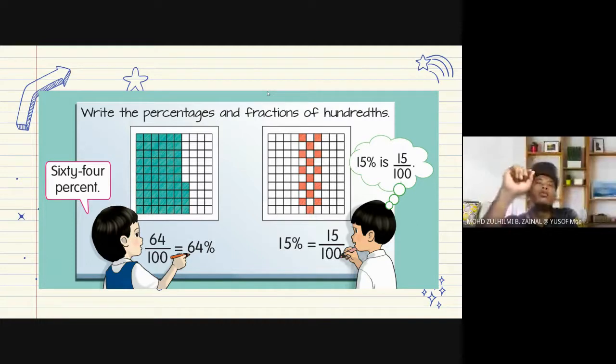So how do you count? Don't waste your time counting one by one. What you should do is know that if you see a full column like this, this is 10. So here there is 1, 2, 3, 4, 5, 6.